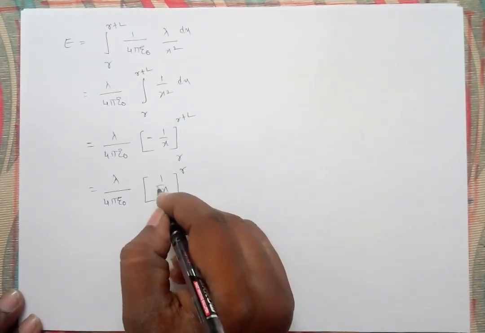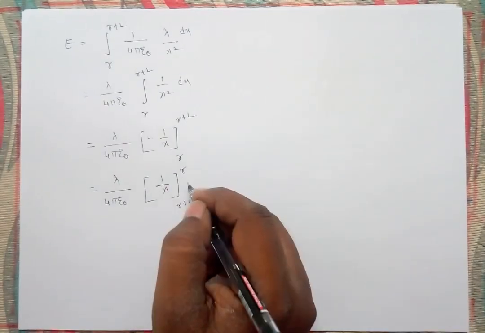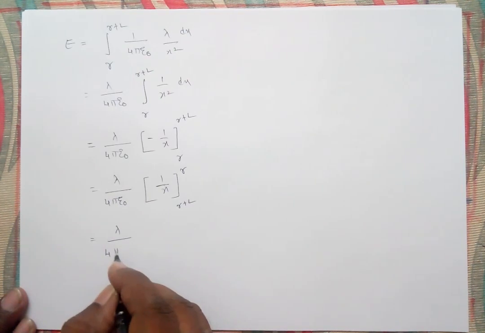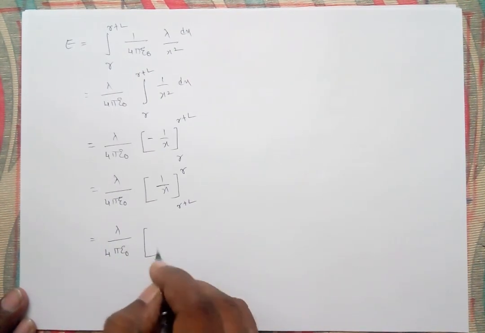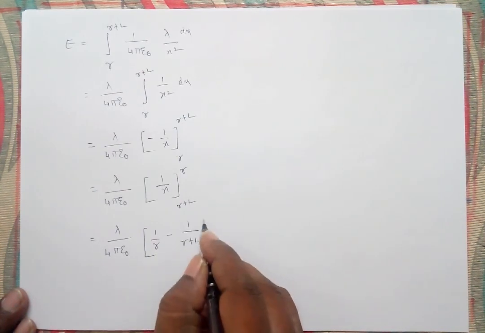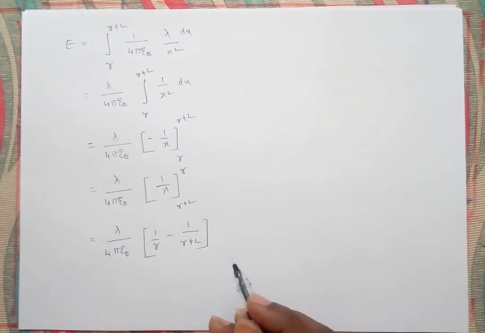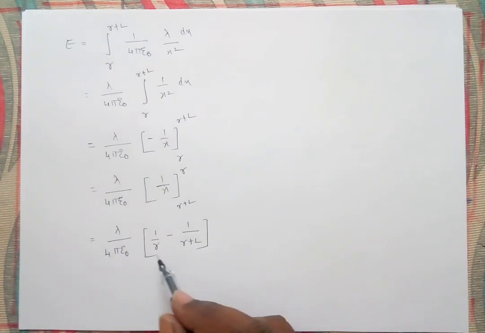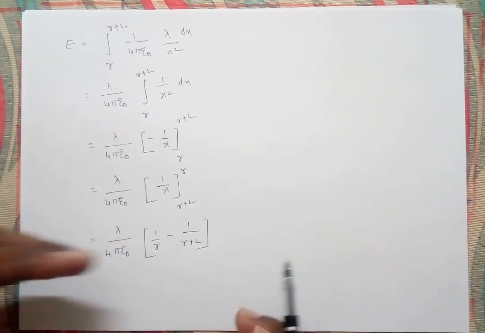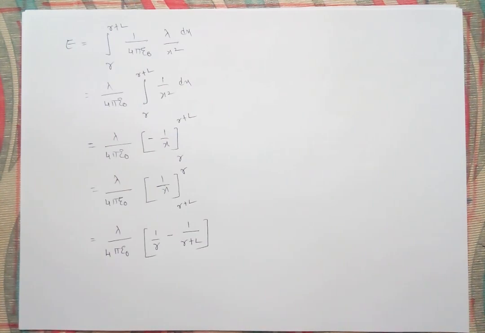Applying upper limit minus lower limit, we get lambda by 4 pi epsilon naught into (1 by r minus 1 by r plus L). This is the electric field intensity due to a linearly charged conductor at a distance r from one end, along the axial line.